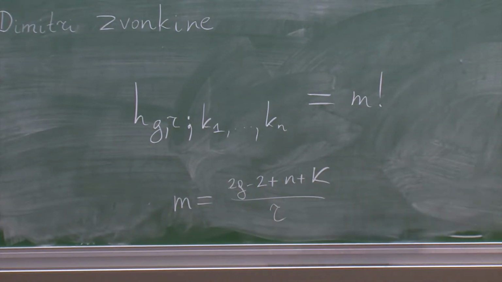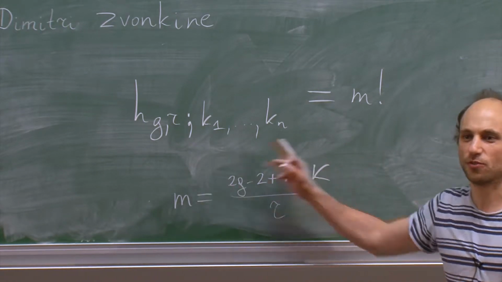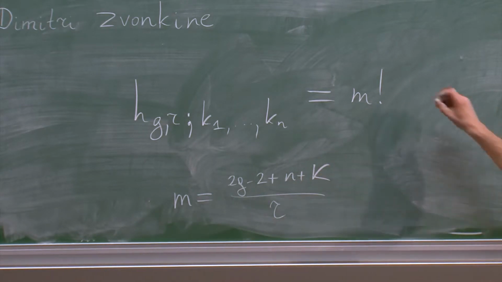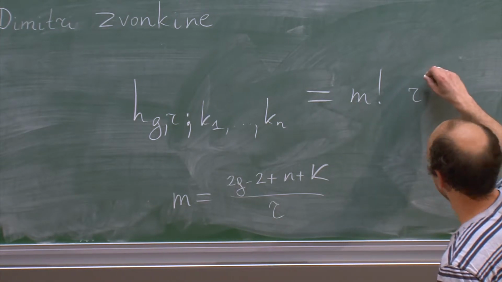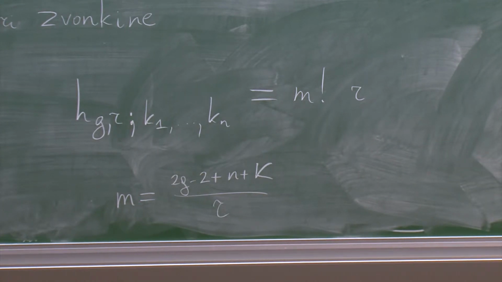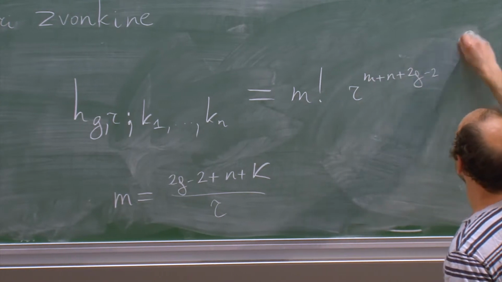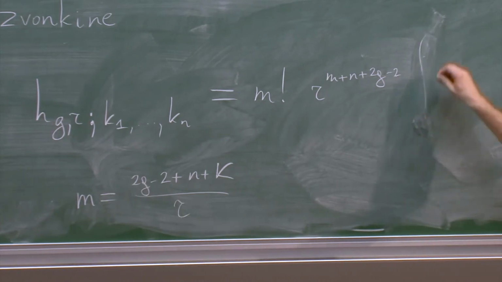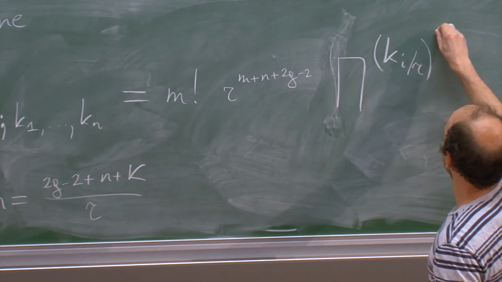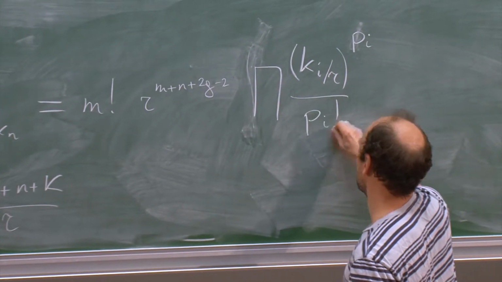As I said, the critical points now go by collections of r, so the number of different branch points is divided by r compared to the ordinary case. Now there is a power of r here that I never remember by heart. m plus n plus 2g, m plus n plus 2g minus 2. Sorry, there is also the combinatorial factor (k_i over r) to the power p_i over p_i factorial. So I'll explain the notation.